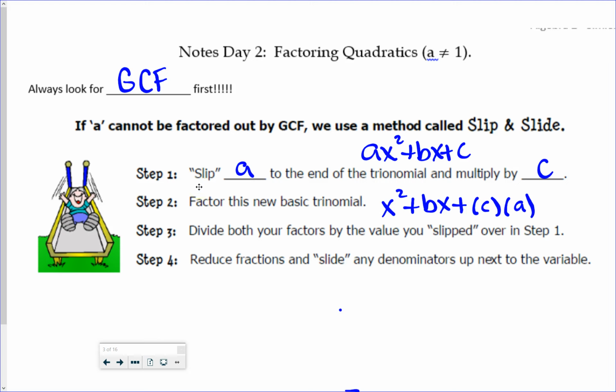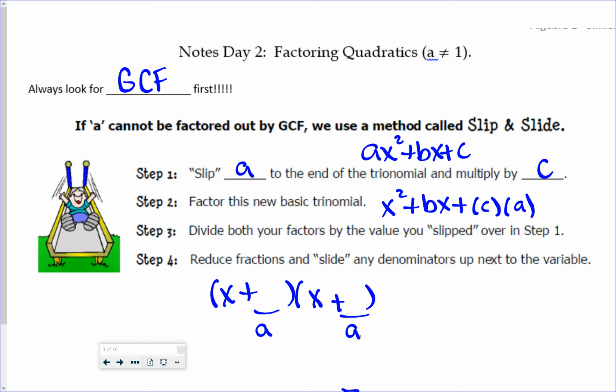Factor like we did yesterday, but since we slipped a to the end, after we factor it, we have to slide a back out. So after we get our factors, we have x plus something else, whatever it is. We have to then slide or divide that a value back out of each piece.